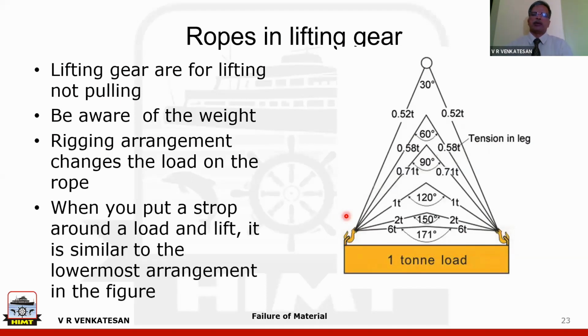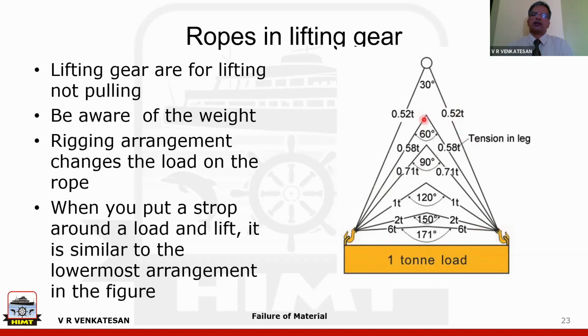So if you see this example, the load is only 1 ton. There are 2 ropes which are used for lifting this 1 ton load. If the ropes are arranged like this, then each rope will be having only around half a ton. That means it is equally shared, almost.